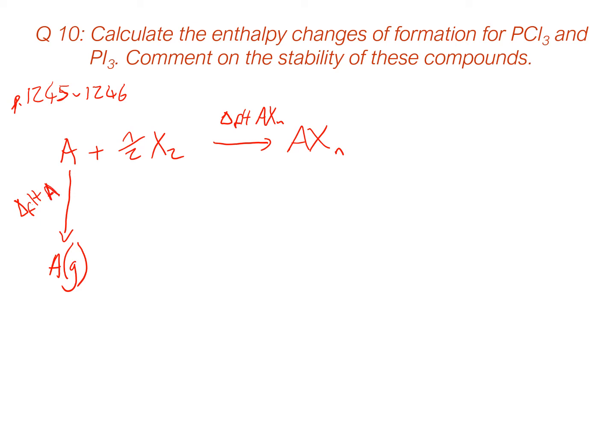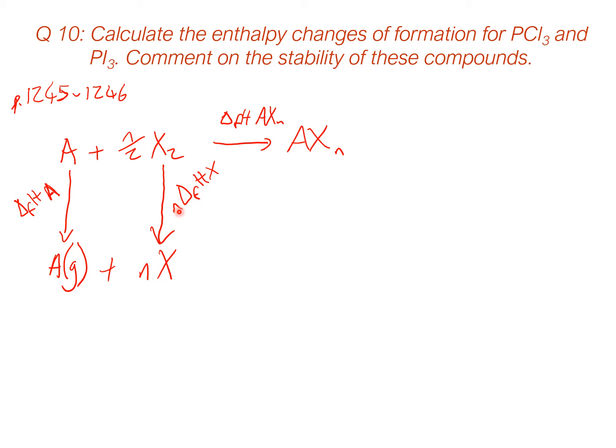Because it's the enthalpy change of this element and it's relating to what's formed down here, it doesn't actually matter what the stoichiometry is up here. If you just want one of A, which in our case will be phosphorus, you just use one times the enthalpy of formation of it. We then need to get the halogen in the gas phase to react with it as well. So we end up with n halogens, and this takes n times the formation enthalpy of this halogen.